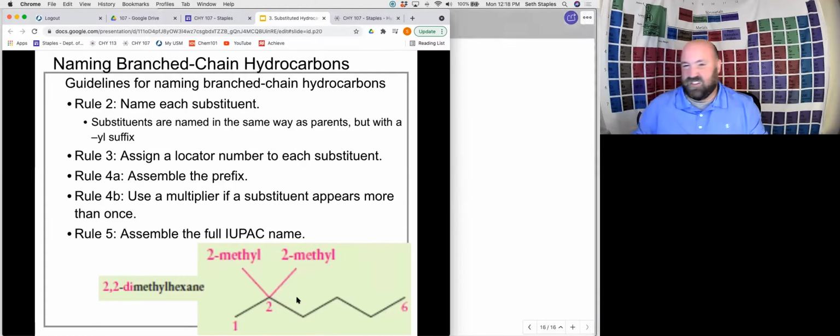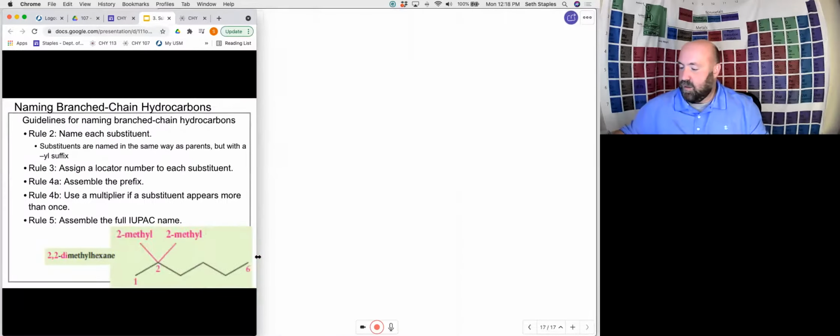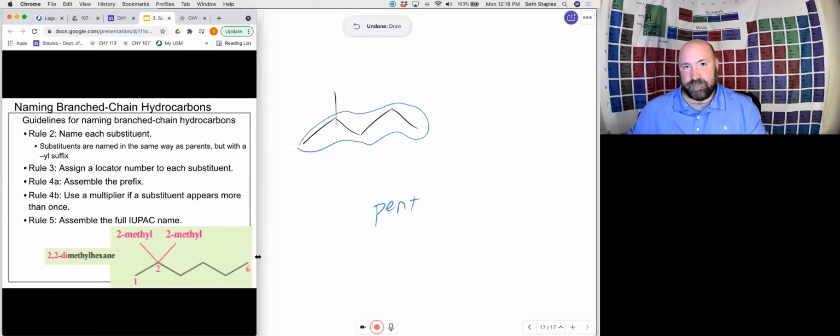Let's look at actually a bit of a simpler example than this one. So if we have just pentane, 2, 3, 4, 5, there we go, there's pentane. We're going to put a carbon right here, a substituent coming off it. So again, here's our main chain. So we get the root pent. It's an alkane.